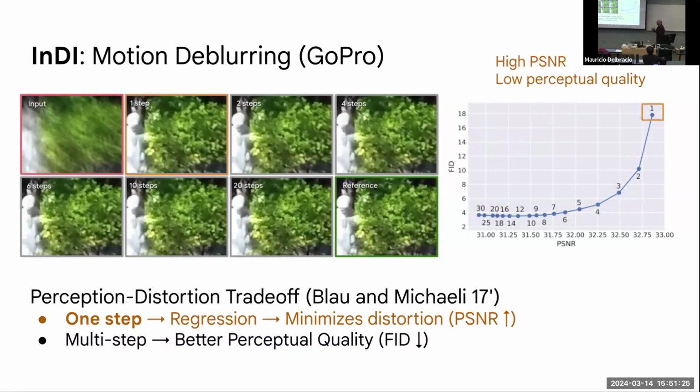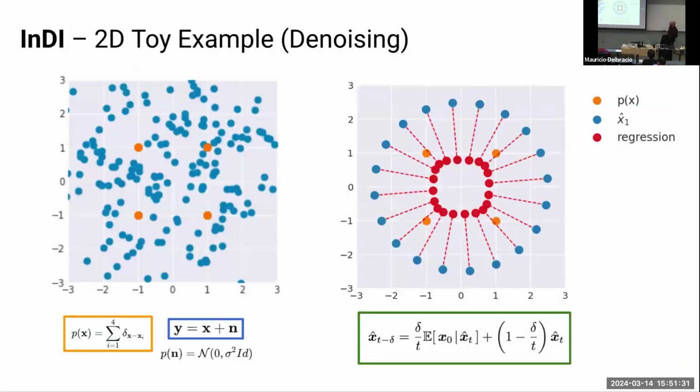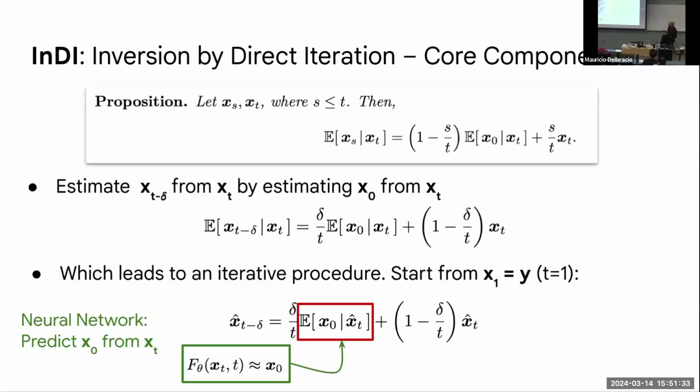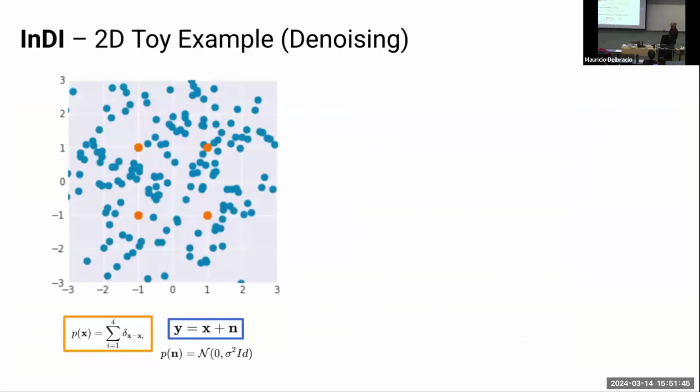I think that's a great differentiation. Yeah. It's like going through InDI, but just keeping the first step estimation, from X1 or Y, estimate the clean image. Nice.